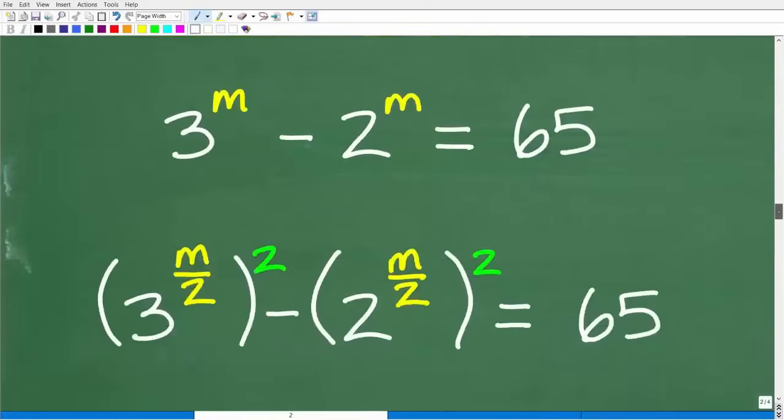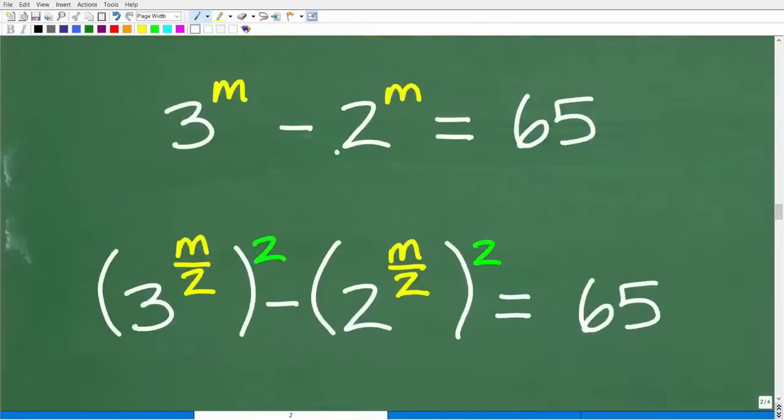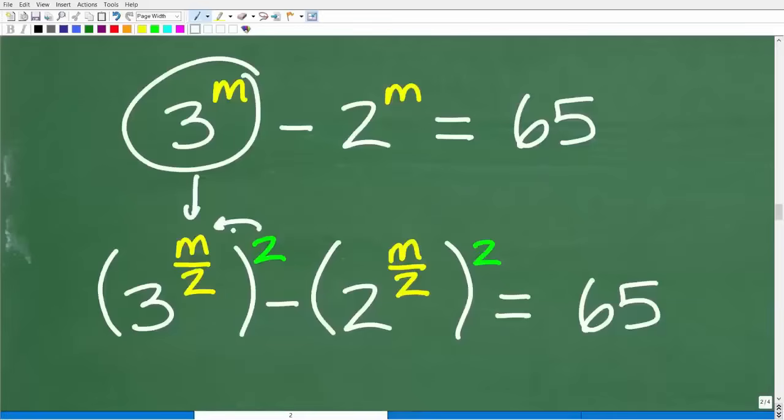All right, so here we go. 3^m − 2^m = 65. We could think of 3^m as (3^(m/2)) squared, because we have this property that an outside exponent times the inside exponents. We're allowed to do that, but now we have a number on the outside, not an m.